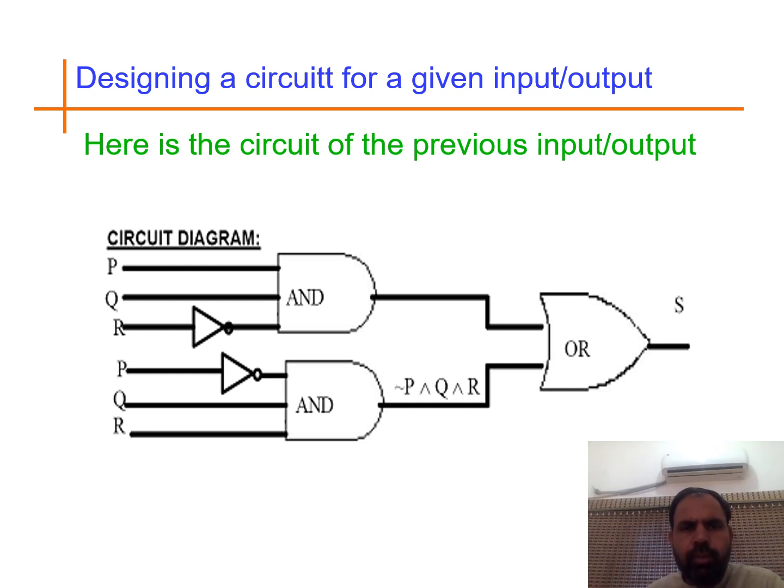There is the P with AND gates, and this is Q with AND gate, and here is R with NOT gate.